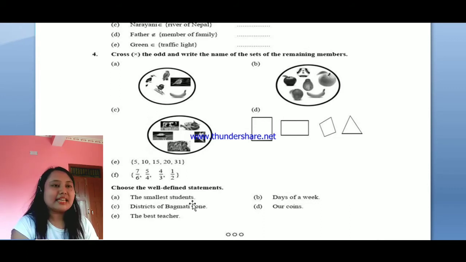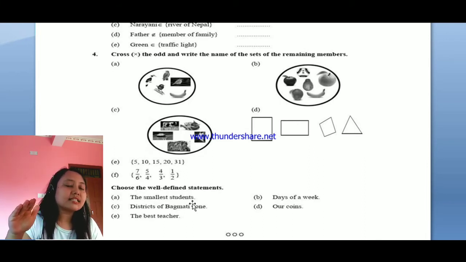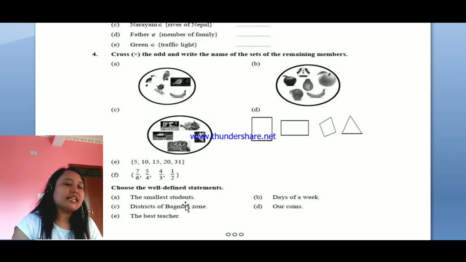Is there any criterion given for that range? Suppose up to 5 feet the students are considered the smallest, and above 5 feet the students are considered the tallest. If such a criterion was given, then it would have been a well-defined statement. But no criterion is given, so it's not a well-defined statement.